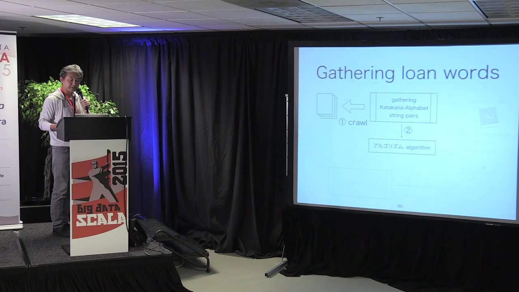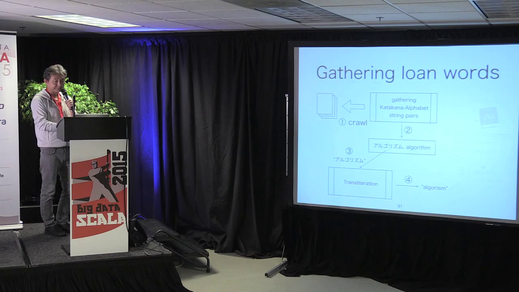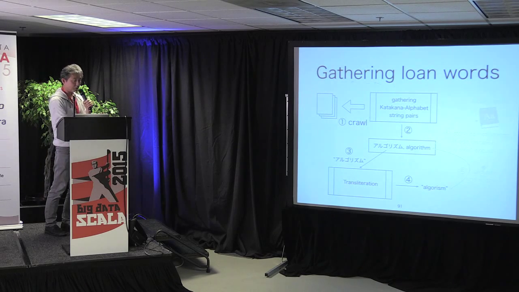To make sure it's a loan word, it passes the katakana word into the transliteration program, then gets the predicted English word from the transliteration program. Since the returned string is nothing more than a prediction, it may be correct or incorrect. But it should be similar to the real English word. Here, the edit distance comes into play.